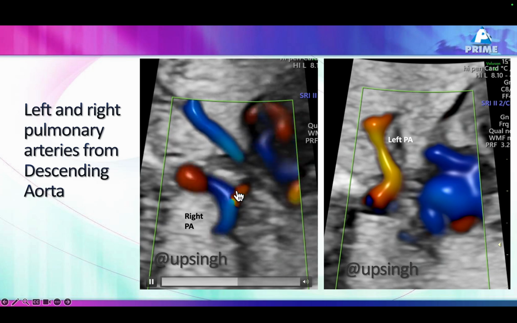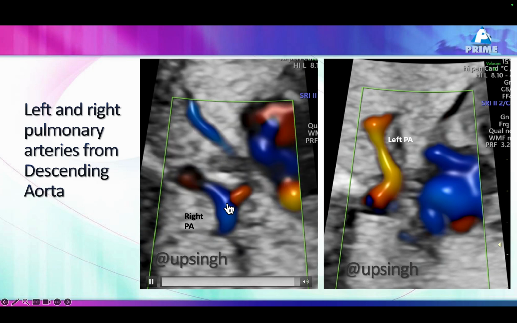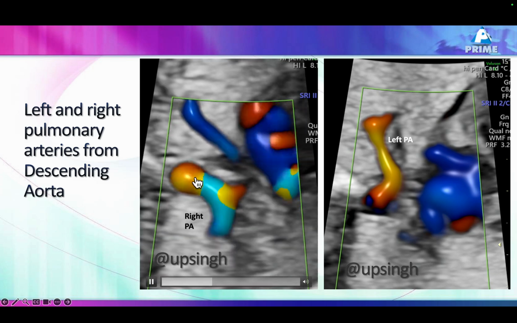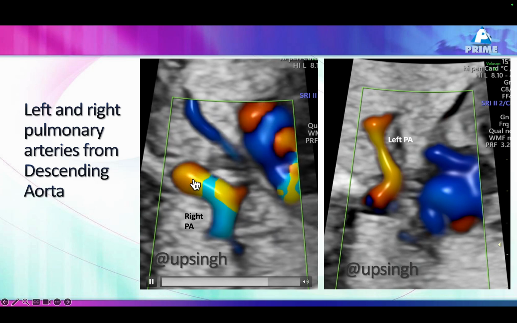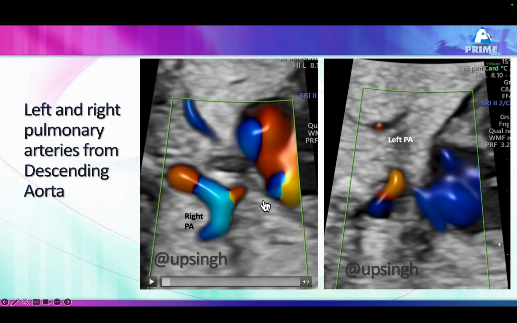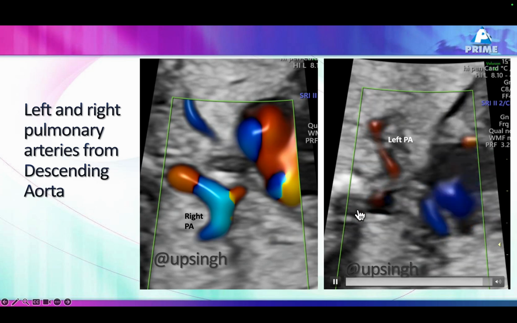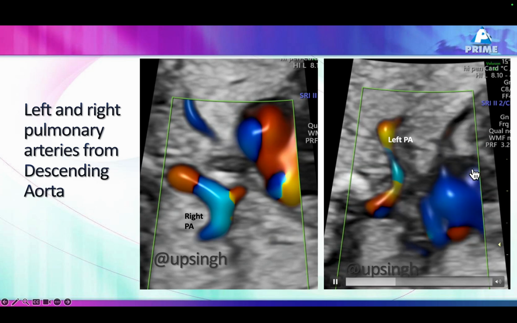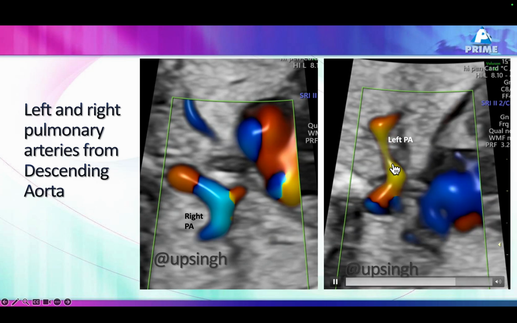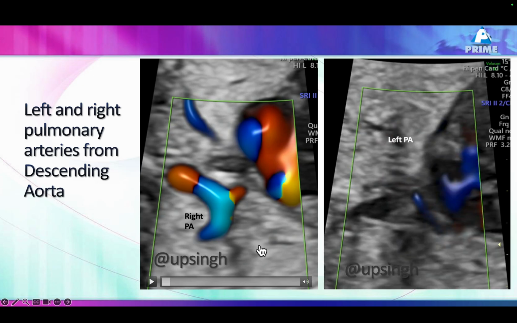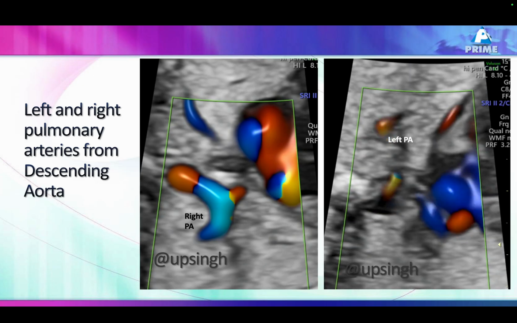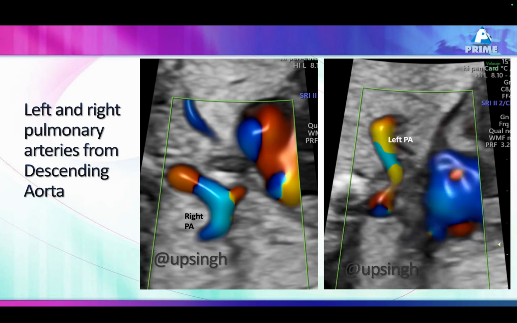And this, incidentally, is the right pulmonary vein which I showed you. Now this is the right pulmonary artery coming from the descending aorta. Then you see the left pulmonary artery coming from the descending aorta at the level of a four chamber view. So both right and left pulmonary arteries are directly arising from the descending aorta.